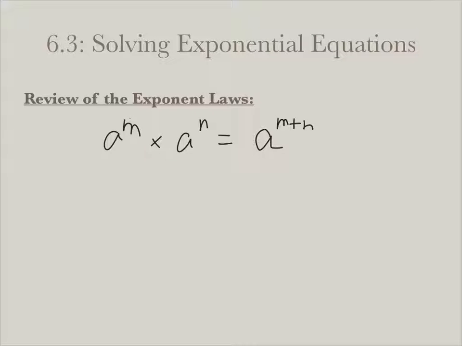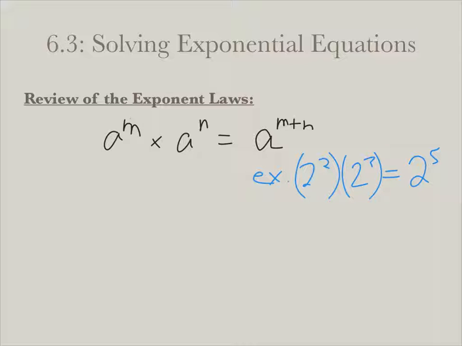So if you had something like 2 squared times 2 cubed, that is equal to 2 to the power of 5. That's something you've seen. You saw it in grade 9, and I'm sure you were great at it.